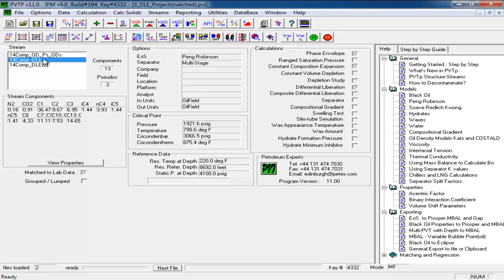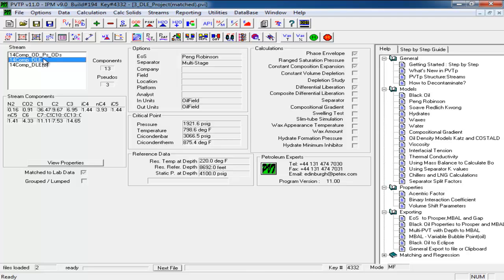If you try to tune DLE, and then your saturation pressure changes to a value off by more than plus or minus 50 psi, then you have to improve this. For example, I have seen that some people tried to match and then got a value of more than 2,800.